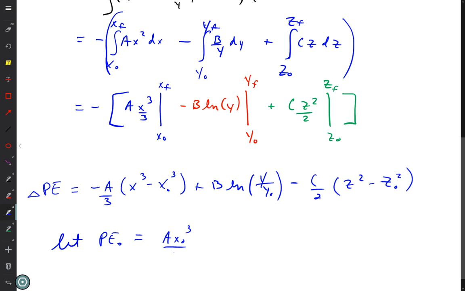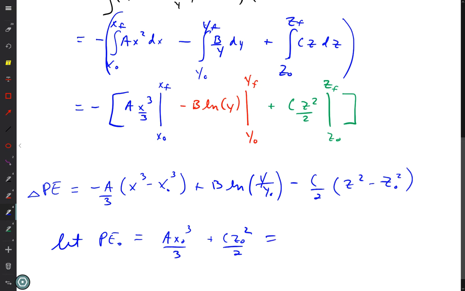ax0 cubed over 3, and then I'll go to the last one, plus cz0 squared over 2, and then I have that middle one. Once again, technically, I can't get that y0 out by itself. And so we end up with a funny situation. And also, of course, if you have y0 equals 0, then you have the natural log of something that's either plus or minus infinity when you do your work.